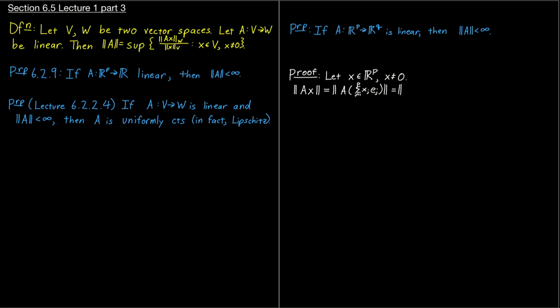Because A is linear, we can go ahead and move the sum and the scalar, or x_j, out front. Then by the triangle inequality, we can break that up. We can move the sum out of the norm. Our x_j's get some absolute values. And then what we're going to do is use the Cauchy-Schwarz inequality.